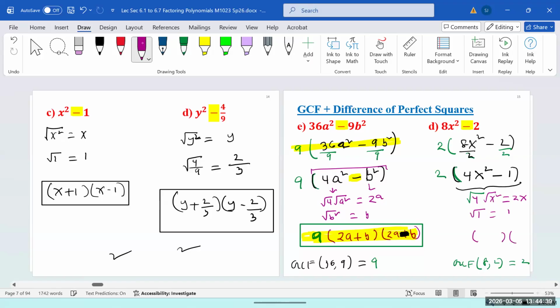So what two factors do you get from your difference of perfect squares? 2x plus 1, and the next one, 2x minus 1. And you cannot forget about your GCF. What is your GCF? 2. So this is the final answer: GCF and then difference of perfect squares.